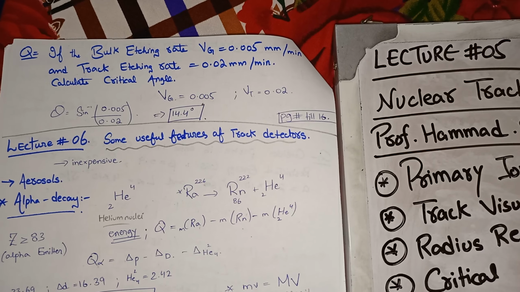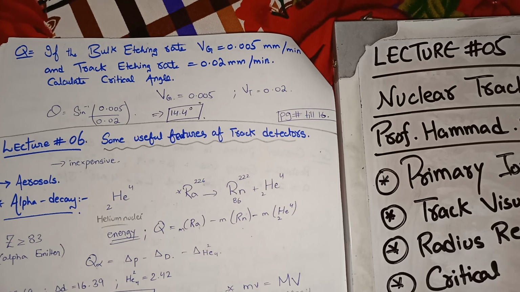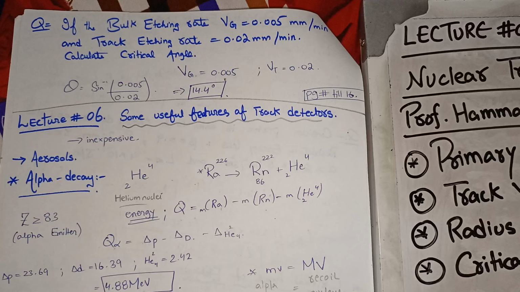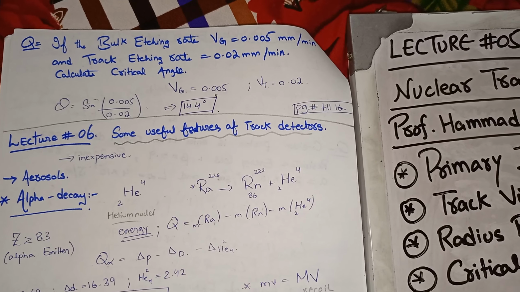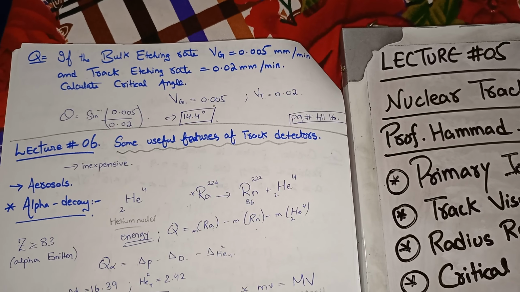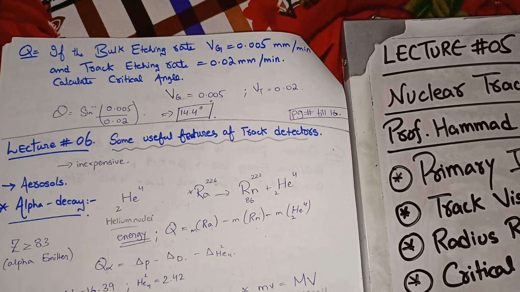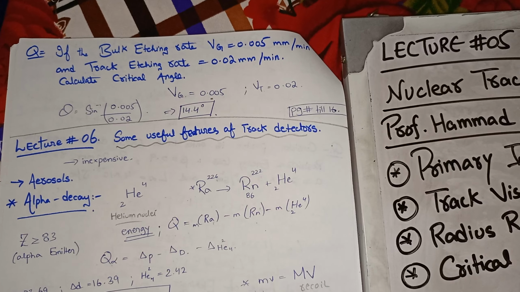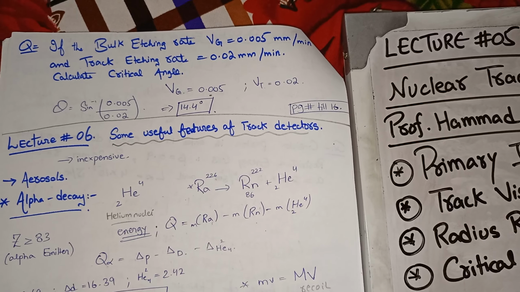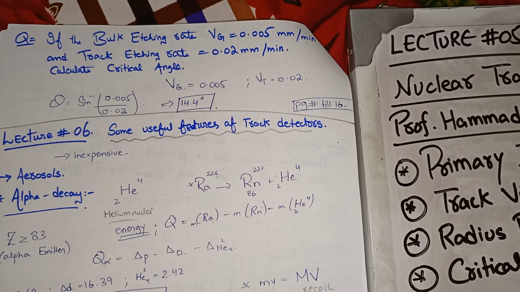You already know the formula: theta equals sine inverse of vg by vt, where vg is 0.05 and vt is 0.02.